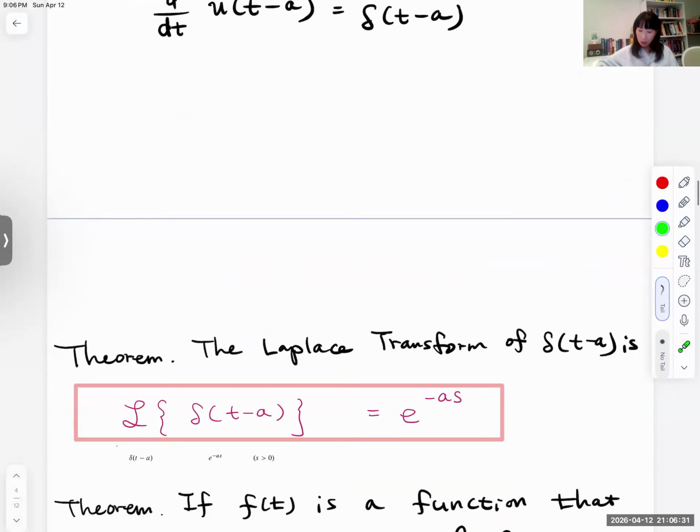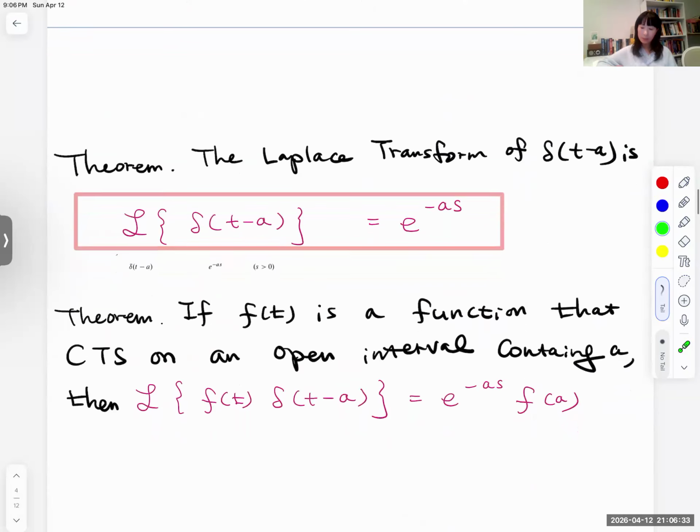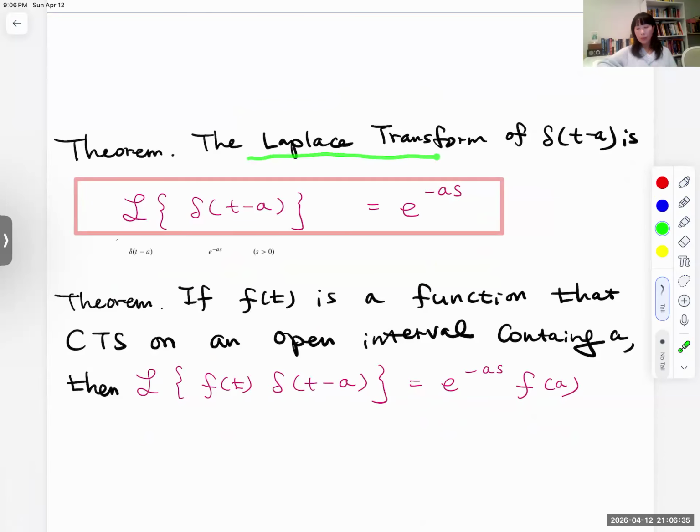Now we have a theorem about Laplace transforms, the shift of the delta function. The Laplace transform of delta of t minus a gives e to the minus as.